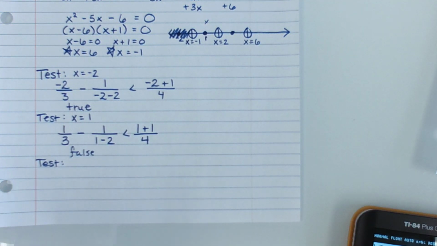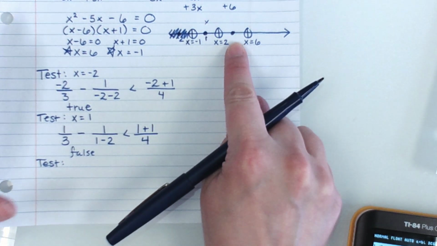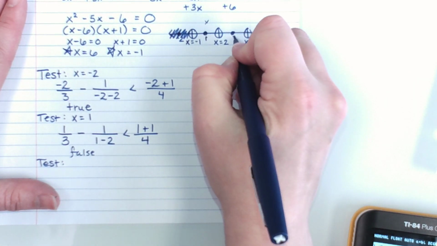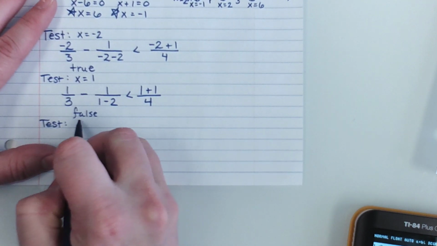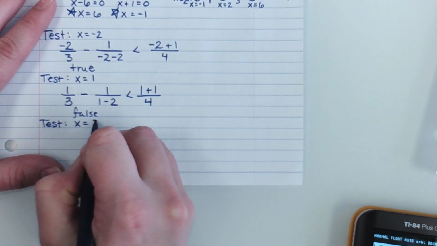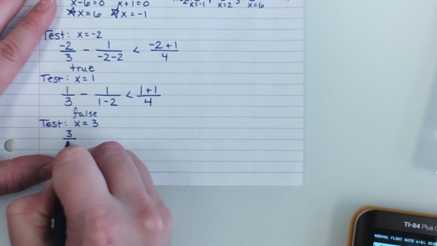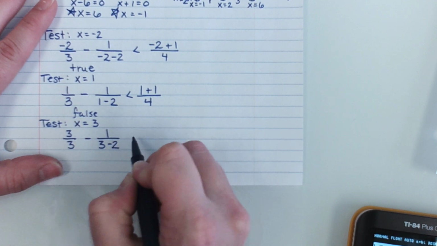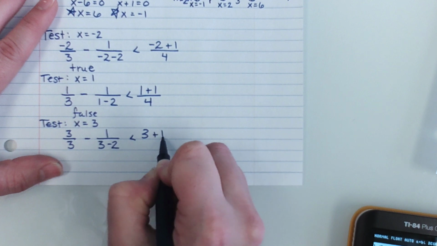What number would you like me to test in this region? 3. Sure. Three over 3 minus 1 over 3 minus 2 is less than 3 plus 1 over 4.